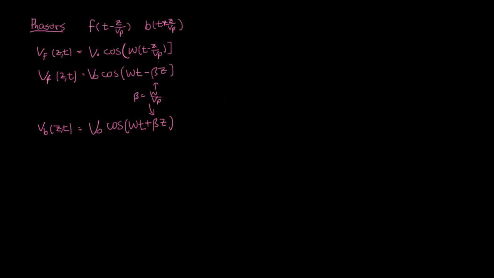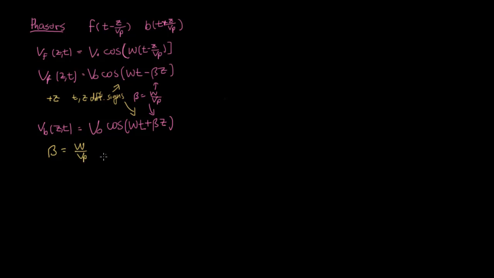So one of the key things to note is that, first of all, if it's going in the plus z direction, that means that t and z have different signs, just like what we had described before when we were looking at these in generic form.